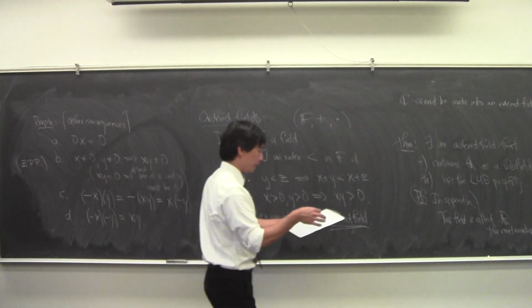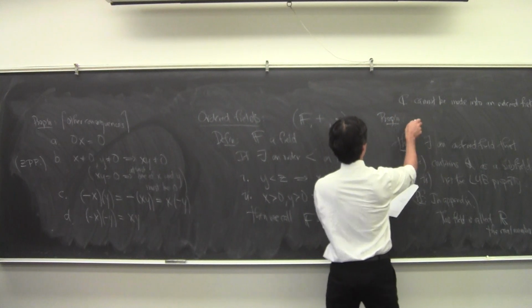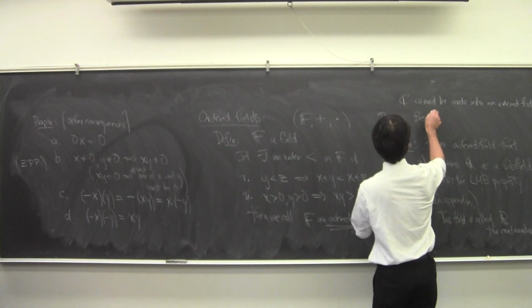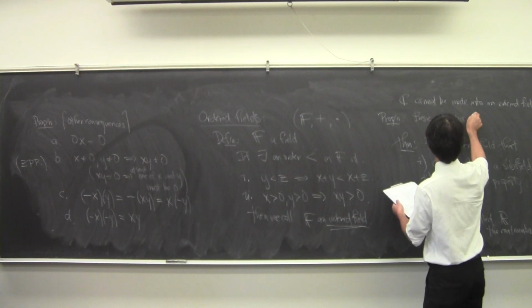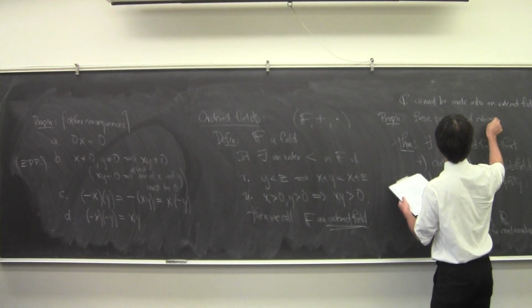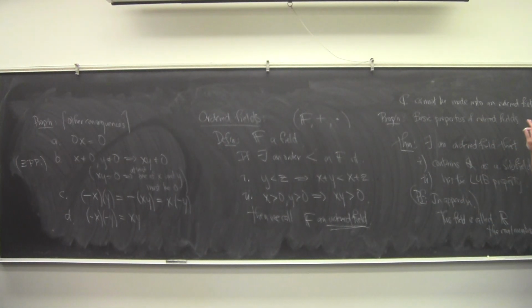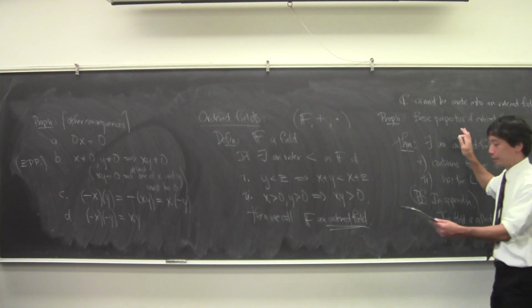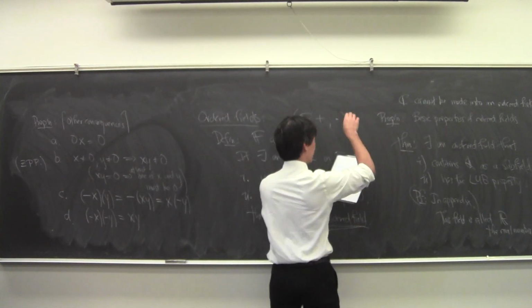I've skipped over one thing, but again, there's one theorem of basic properties of ordered fields, which I'll ask you to read. These are things that you would like to be true.